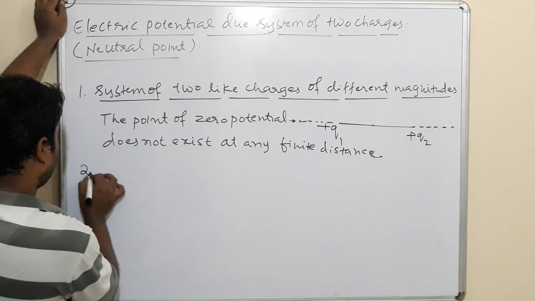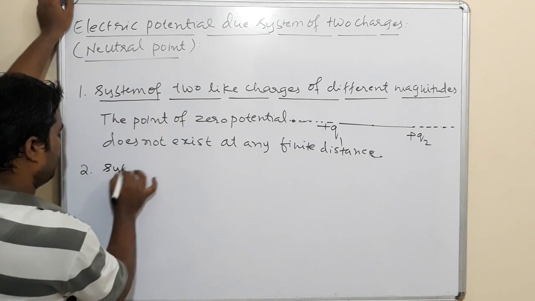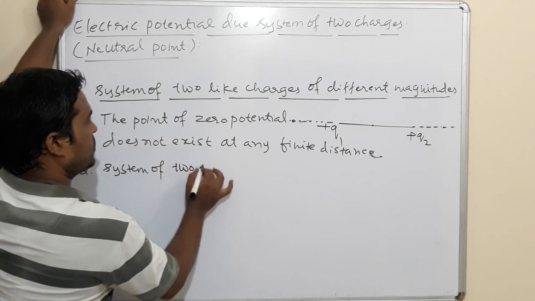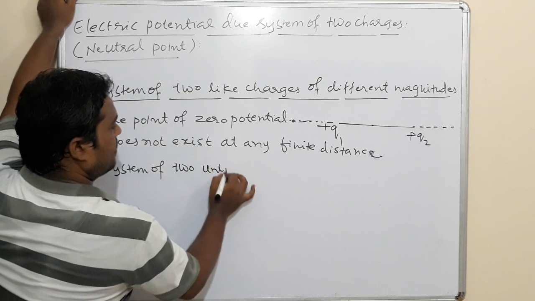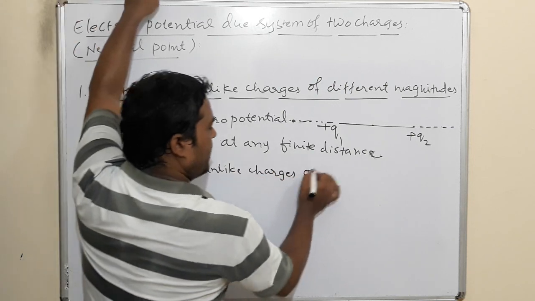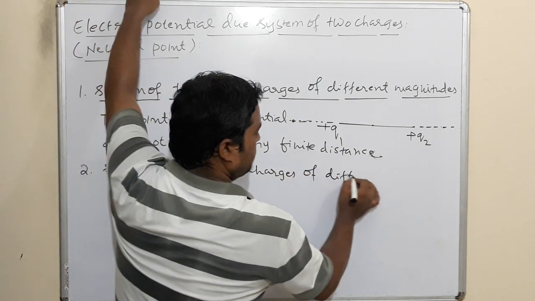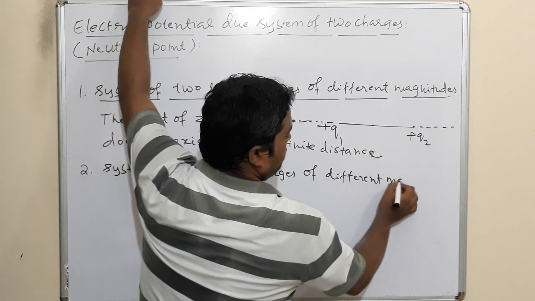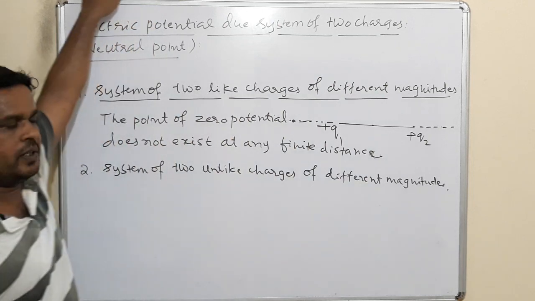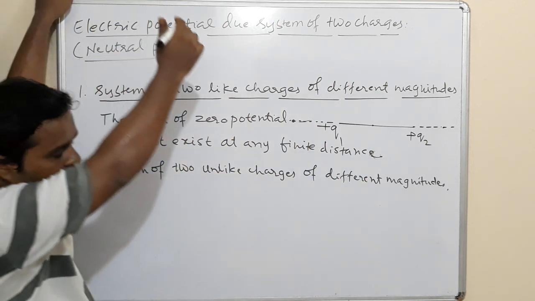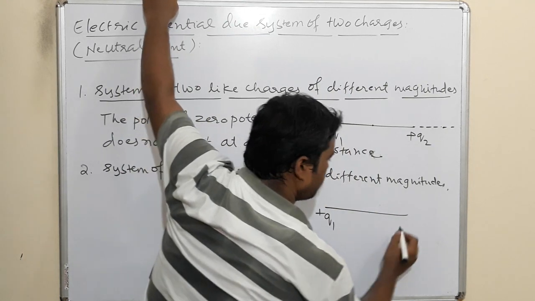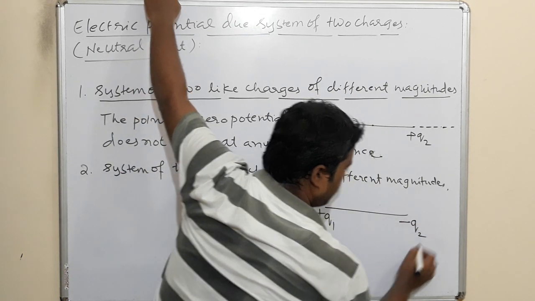If it is a system of two unlike charges of different magnitudes, then what happens, listen. Let us see, this is one charge plus Q1, this is another charge minus Q2.